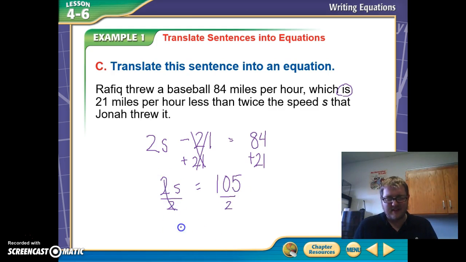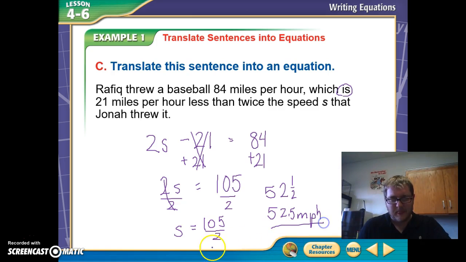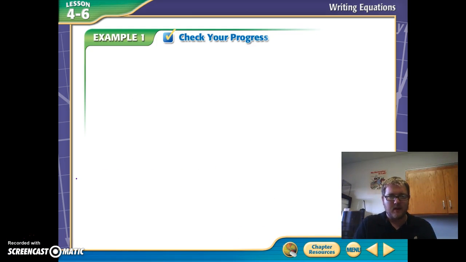We get s equals 105 halves, which doesn't really simplify, but we do know that 2 goes into 105 fifty-two times with a half left over, or 52.5 miles per hour. I guess technically we didn't have to solve that, but it gives us a little bit extra practice.